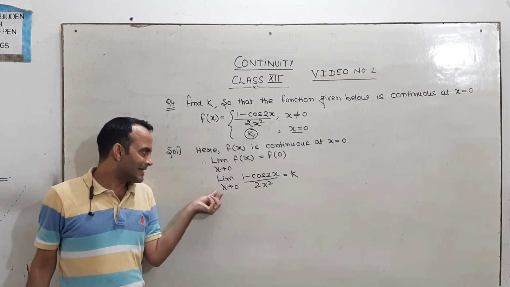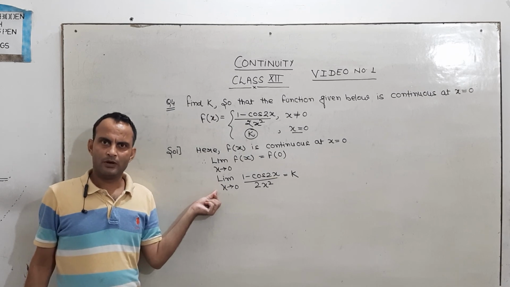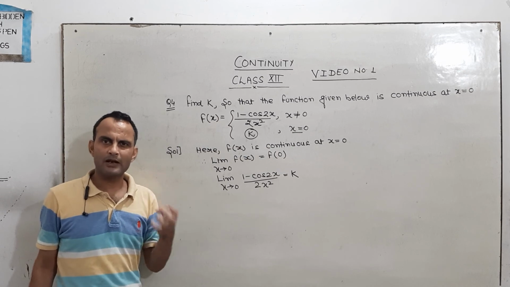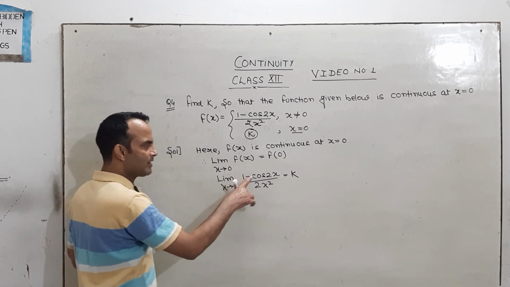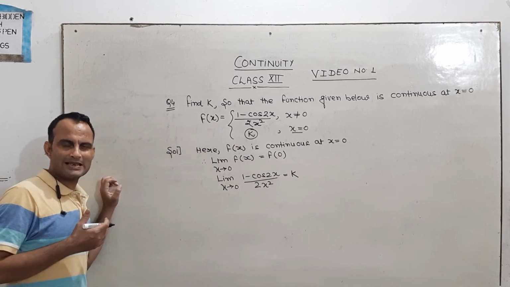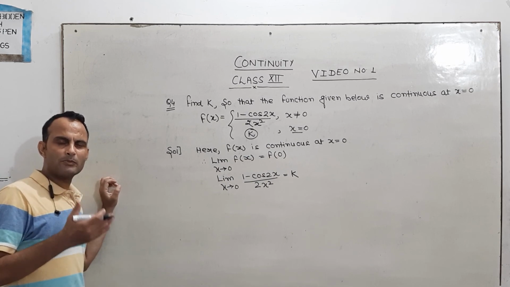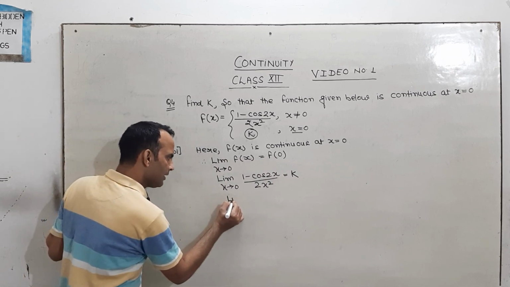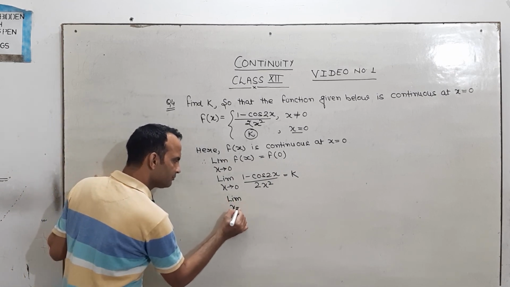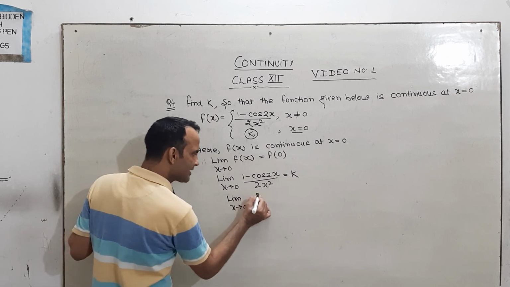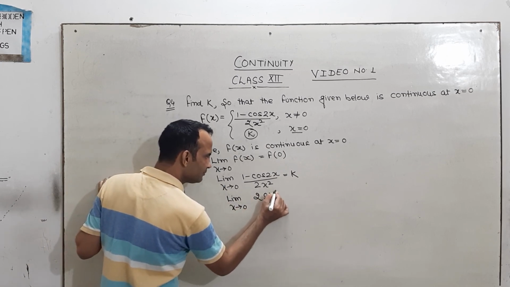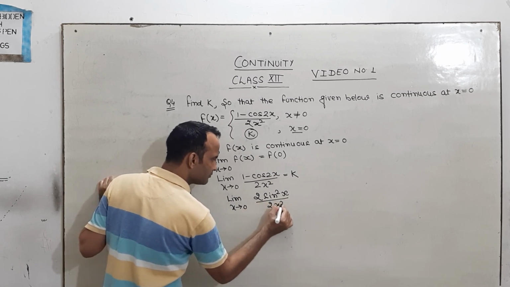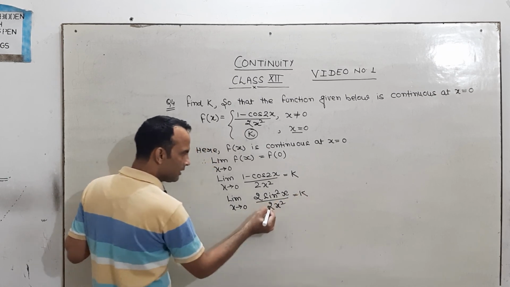Now, dear students, see this step very carefully. We have already done such type of problems in class 11 in the chapter limits. Whenever 1 minus cos 2x or 1 plus cos 2x is given, in 99% problems we have to open the formula. So, limit x tends to 0, 1 minus cos 2x can be written as 2 sin square x upon 2x square is equal to k. 2 cancel.